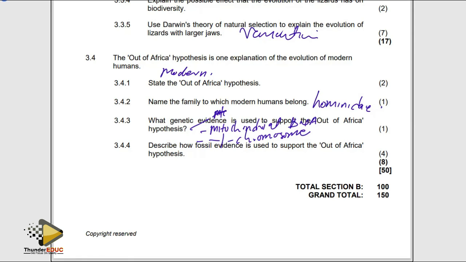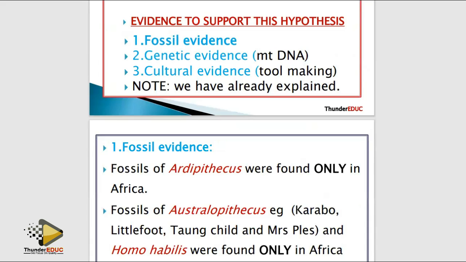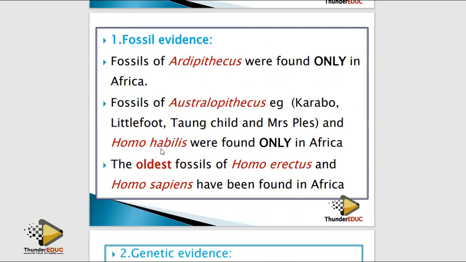Let me show you what I'm trying to say. Evidence to support the out of Africa hypothesis. There are three: the mitochondrial DNA, the cultural evidence, and the fossil evidence. Fossils of Ardipithecus were only found in Africa. Fossils of Australopithecus, for example Karabo, Little Foot, Taung child, Mrs. Ples, were all found in Africa.